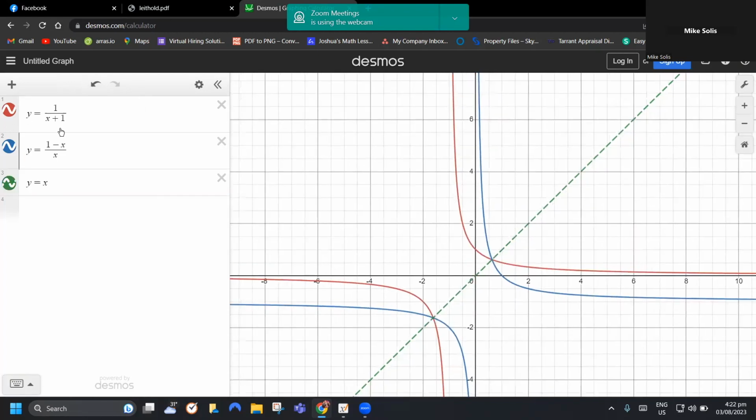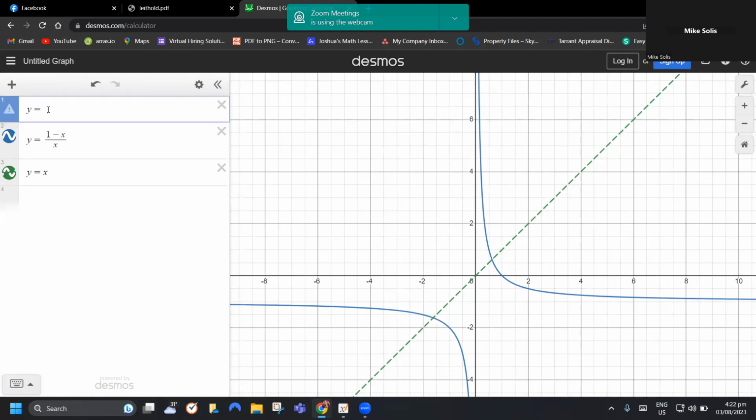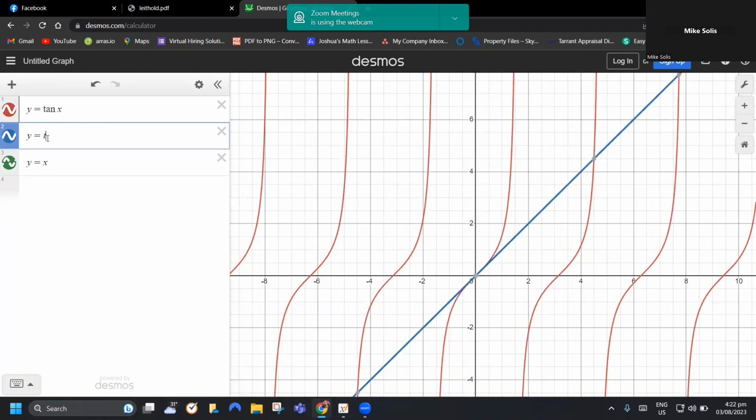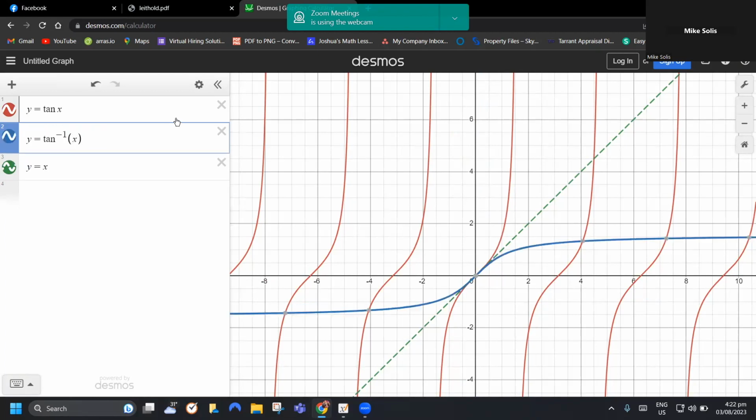Yung y equals x, so yung first graph, palitan mo ng tangent x. Tapos, yung second ay tangent inverse. Or, sorry, baka hindi niya kilala yan eh. Okay, pwede. Kilala niya yung notation na tangent inverse.